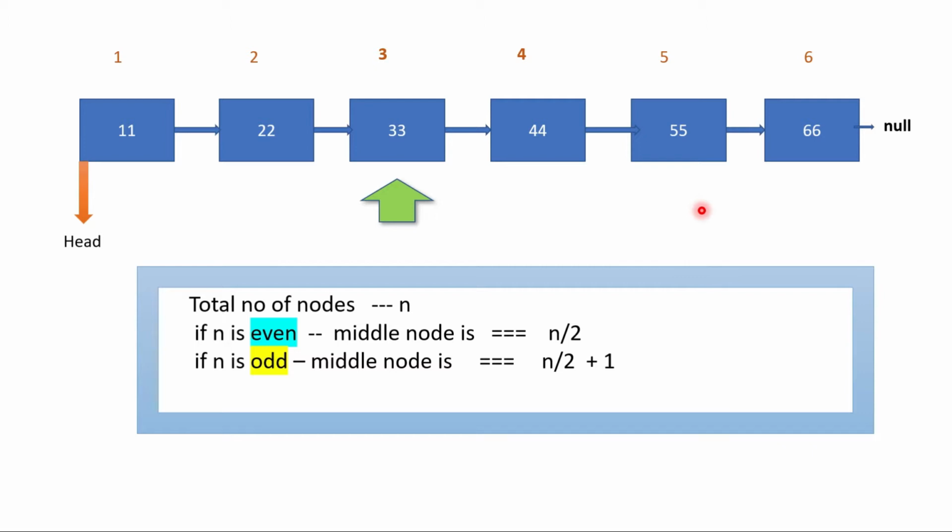If it were an array, we could use array dot length and simply get n. So to get the total number of nodes, we have to first traverse the whole linked list with a counter, incrementing it, and at the end we get the total number of nodes, that is 6. Then from this formula, the middle node is 6 by 2, that is 3. Then we can traverse from the first node to the third node.